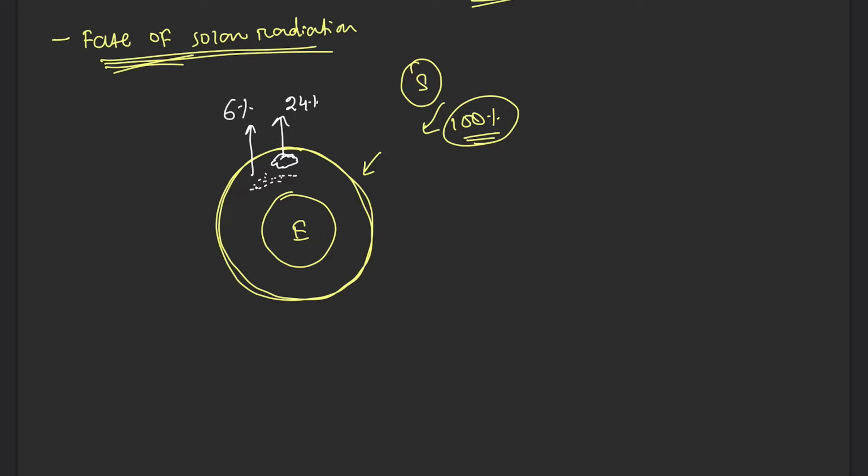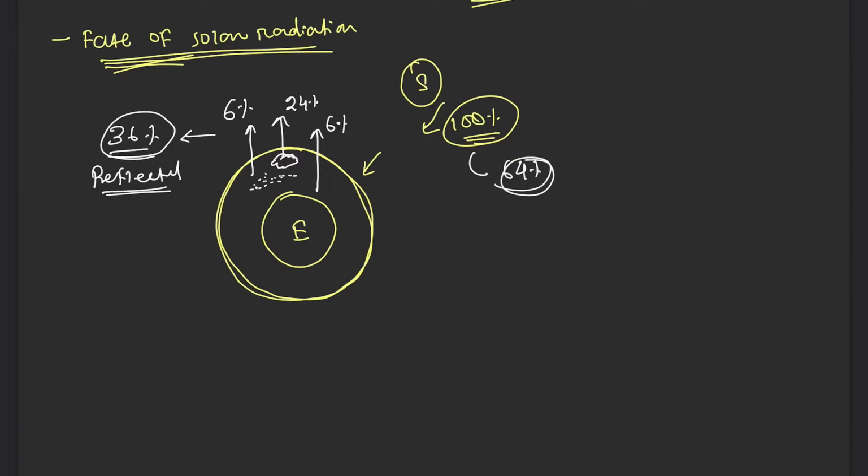And after striking the Earth's surface, it reflects around 6% of radiation. So how much radiation is reflected back in total? That is 36% reflected back. How much is left from 100%? Total left is 64%.